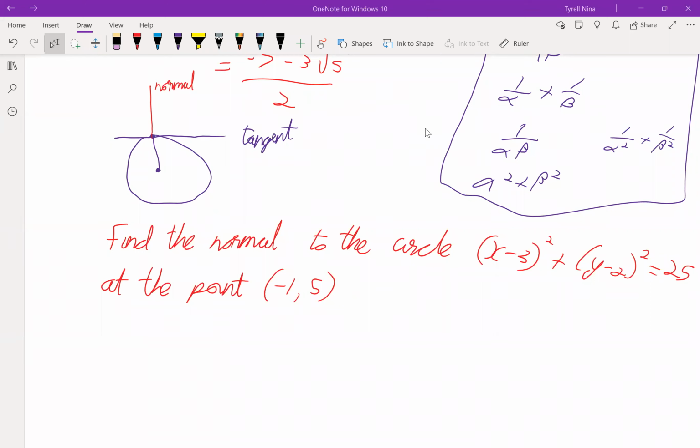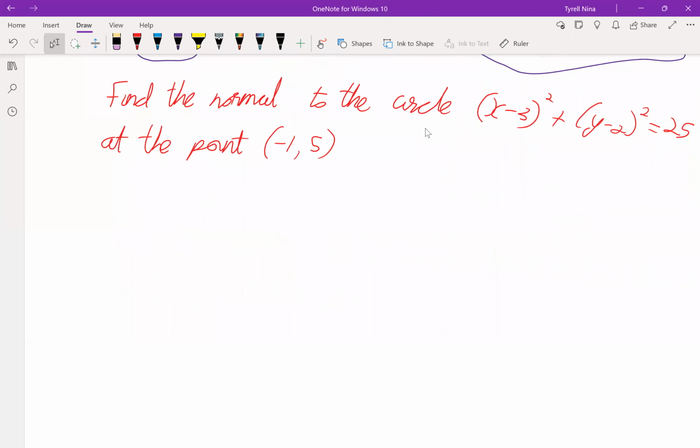All right. So how do we approach a question like this? First thing we do, identify the center, which is 3, 2. Then we have the point -1, 5. We have 2 points, so what could we find? We could find the gradient.